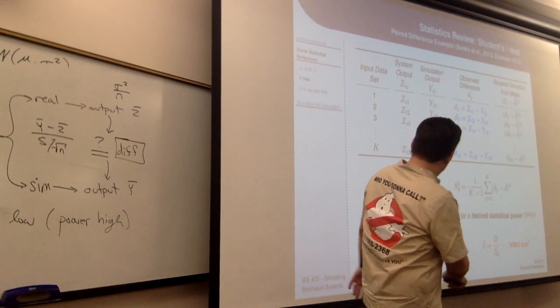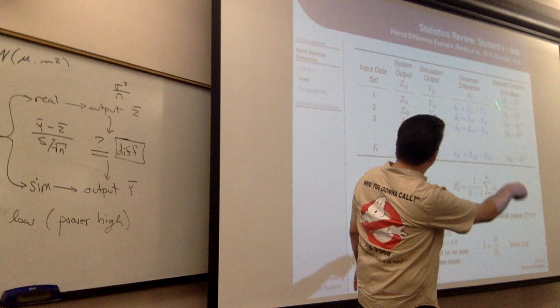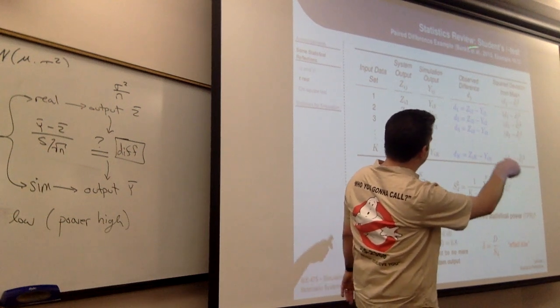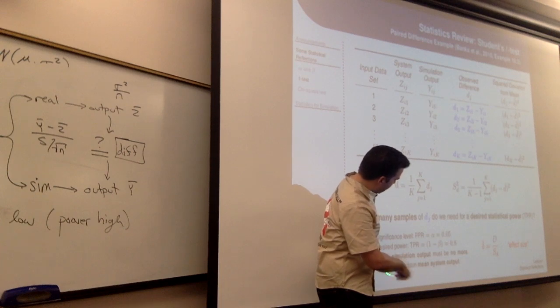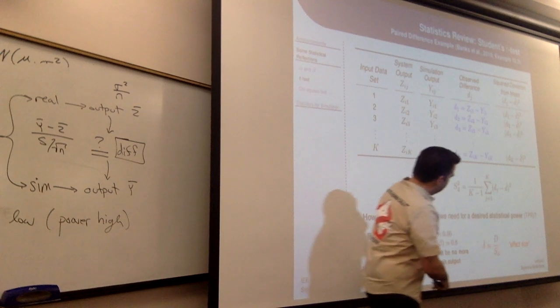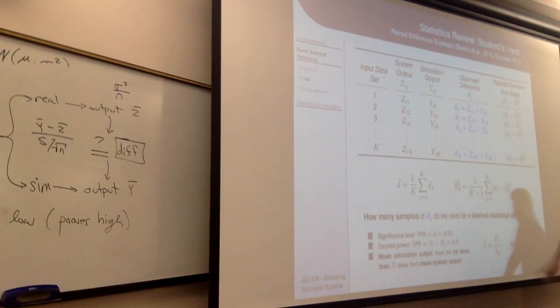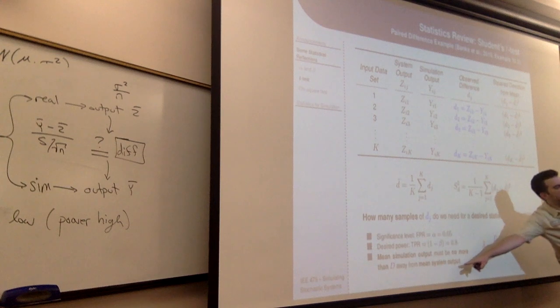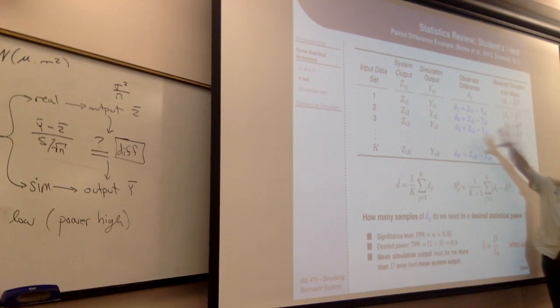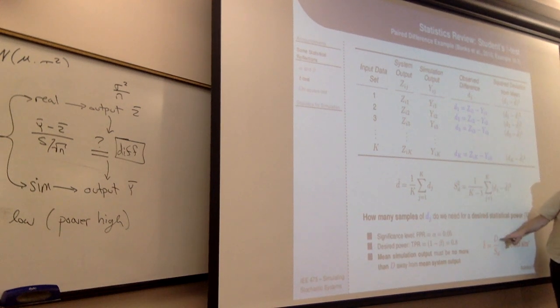So I use the standard deviation of the differences along with this minimum detectable difference, and I scale that to create the effect size, delta. That effect size is just a scaled version of this mean D. I get that from the standard deviation of this column, and I just scale the delta by that.